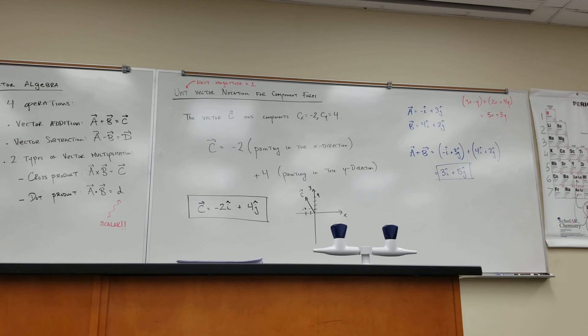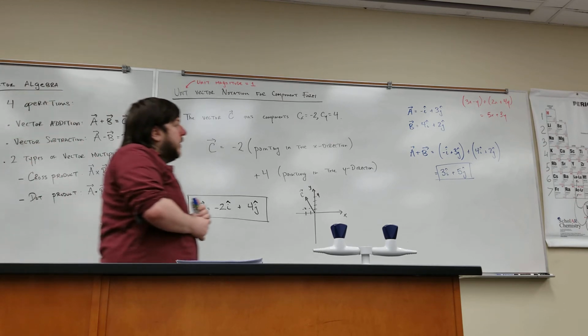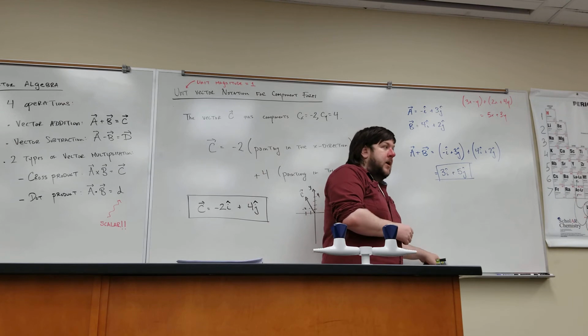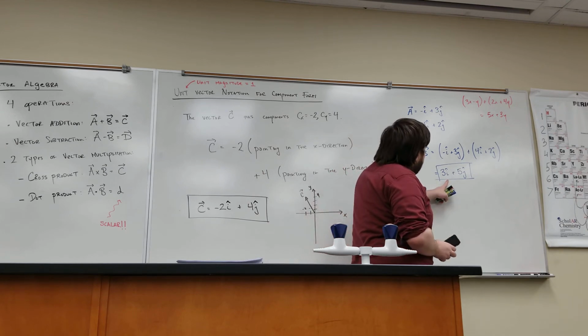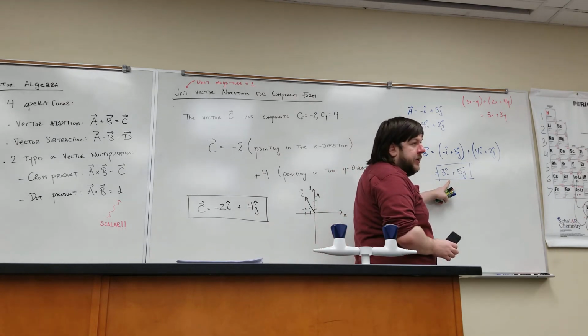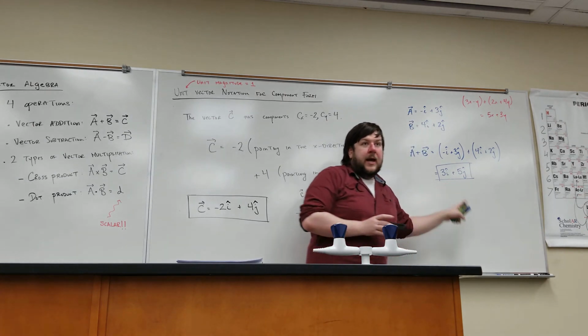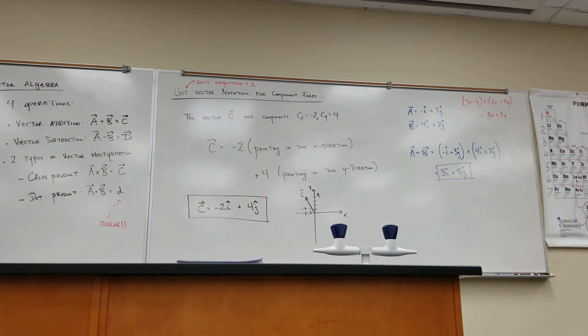Yeah. Are you ever going to ask us to write this in magnitude and direction form? It could. It could ask you, what's the magnitude of A plus B? What's the direction of A plus B? So what we'll do is we'll take our answer and we'll convert it into magnitude and direction form. Okay? So let me draw this problem out. I'm going to come over here and I'll draw it with space.